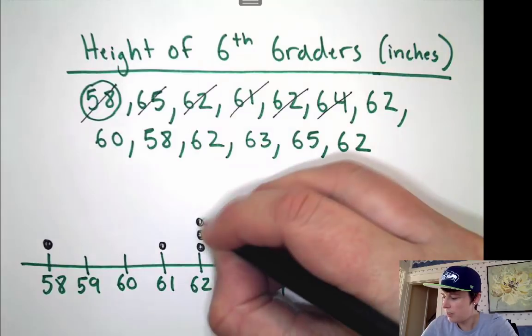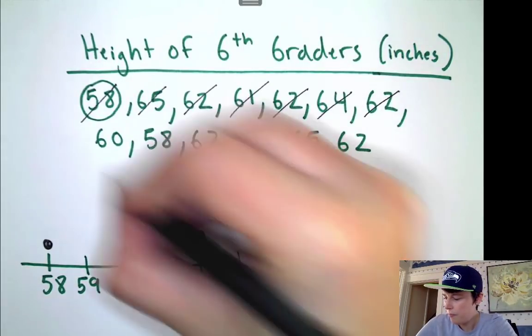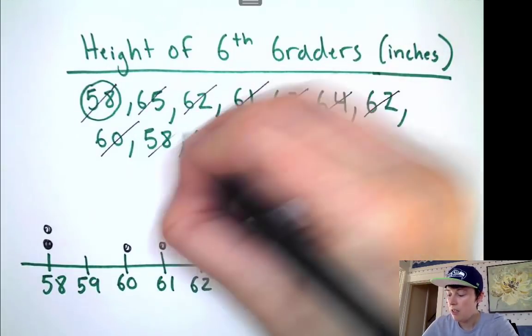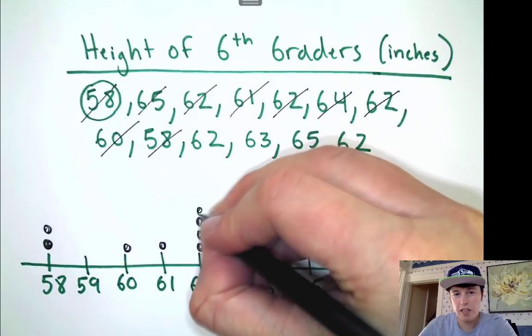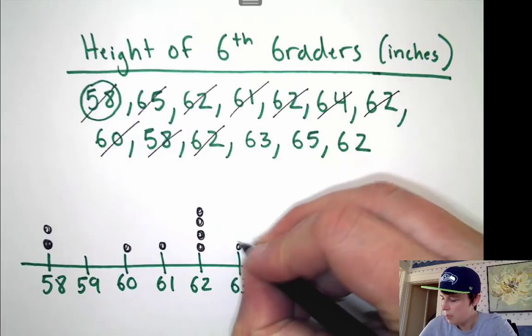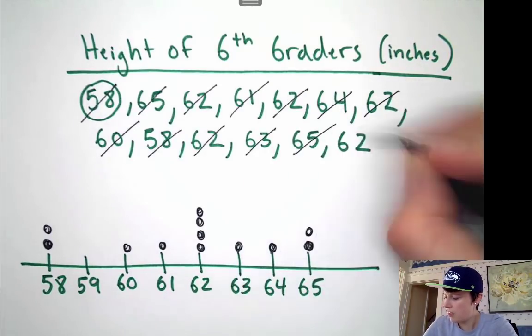Okay, that's over here. 60, that's here. 58, it's back here. 62, see, I'm just going through each of these, cross them out, make a dot. 63, 65, another one of these, and 62.